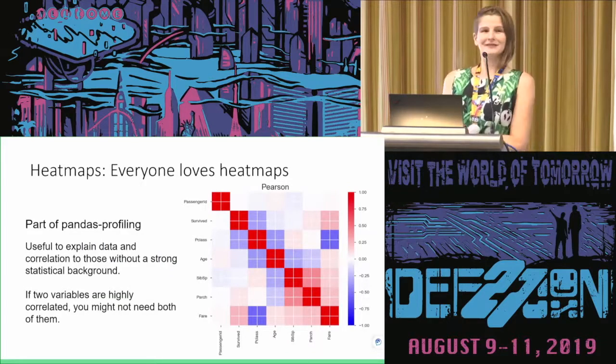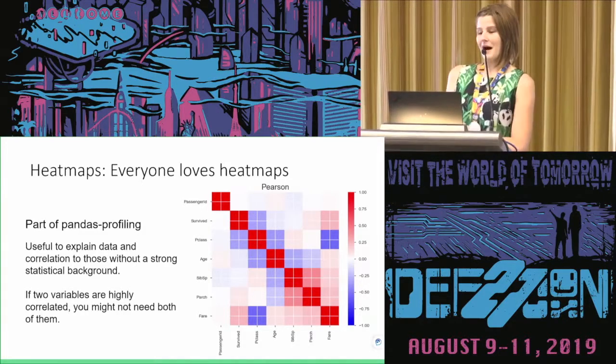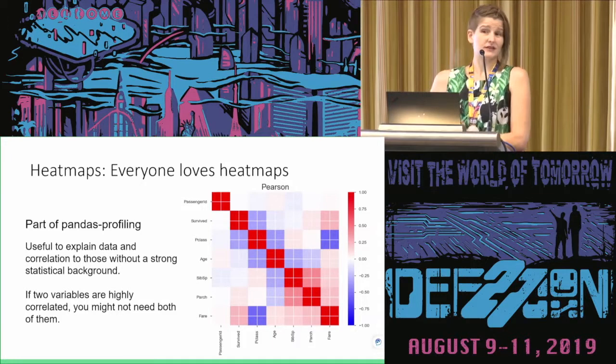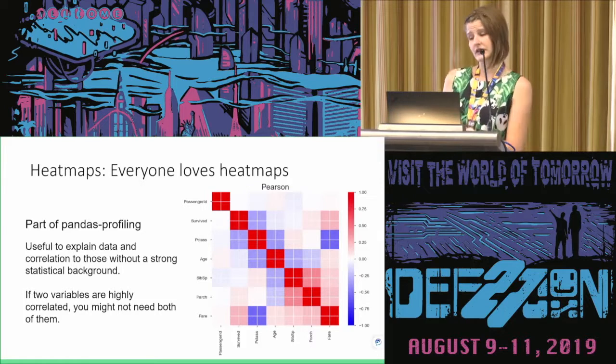Heat maps. Everyone loves heat maps. I like using them to help show data to people that are not necessarily data scientists. It can be a good way to see what might be interesting and correlated, but also it's easy for someone that's not super technical to understand.